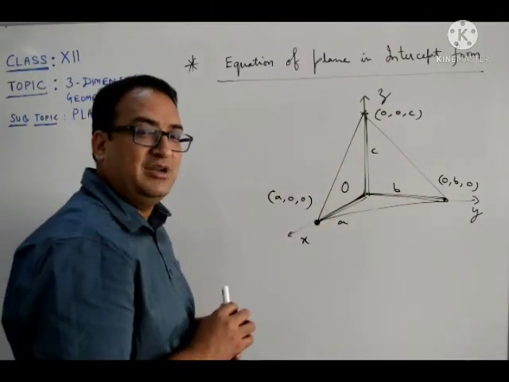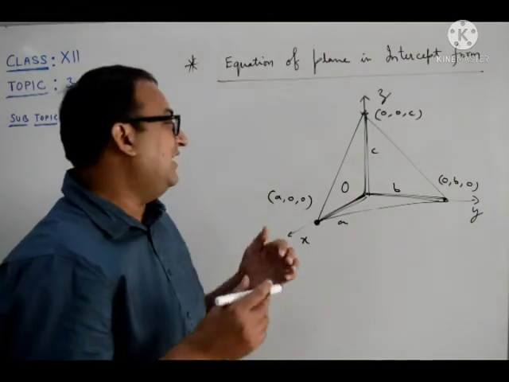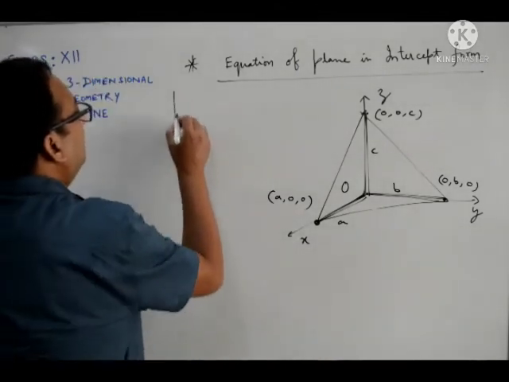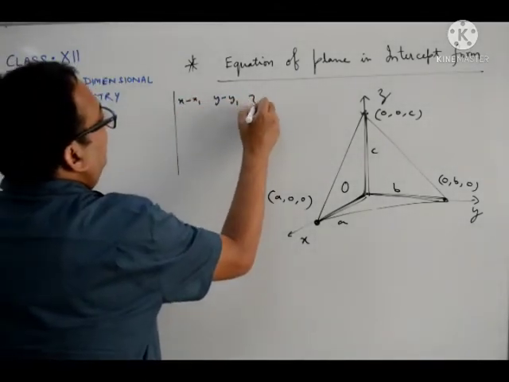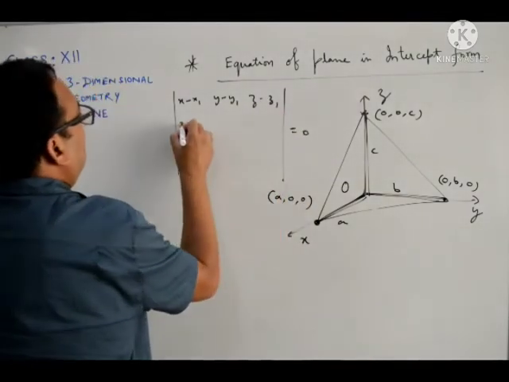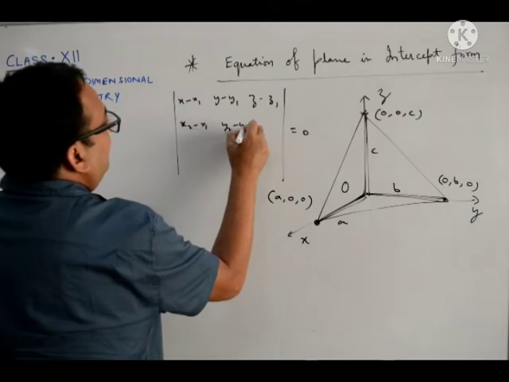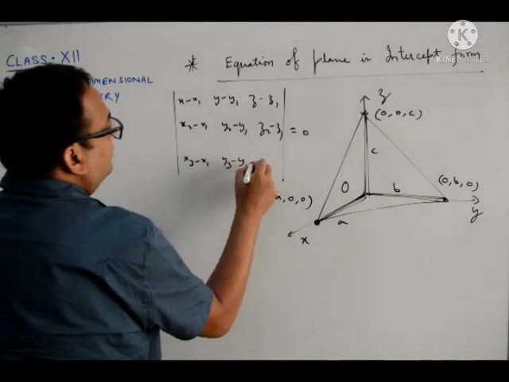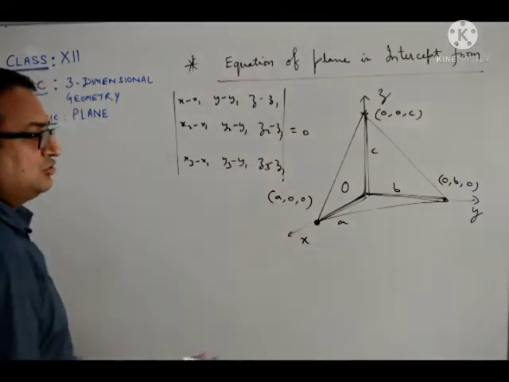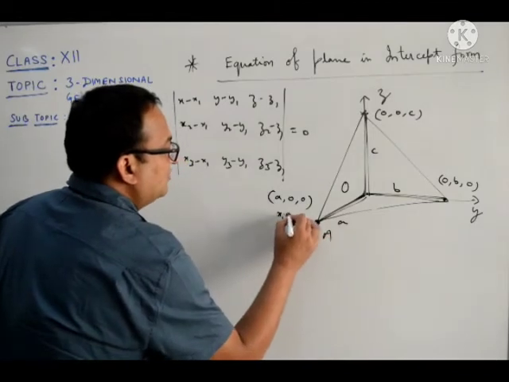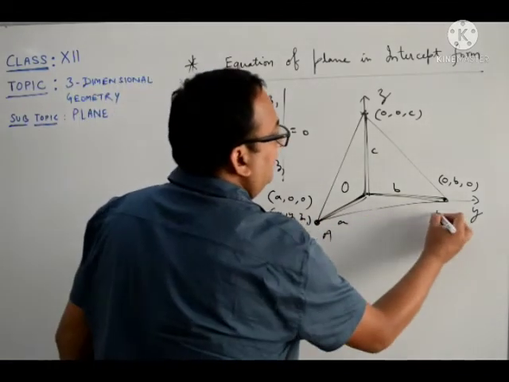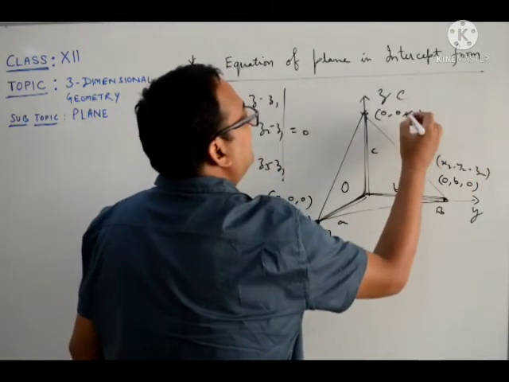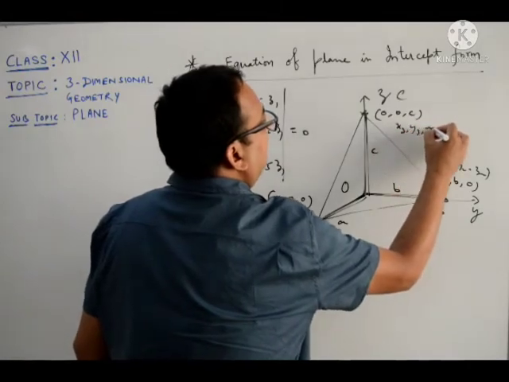Using the previous article, we can write the equation of this plane using the 3-point form, which was x minus x1, y minus y1, z minus z1, x2 minus x1, y2 minus y1, z2 minus z1, x3 minus x1, y3 minus y1, z3 minus z1. So take this first point A as x1, y1, z1, this point B as x2, y2, z2, and this point C as x3, y3, z3.